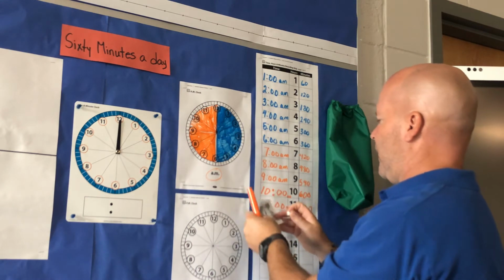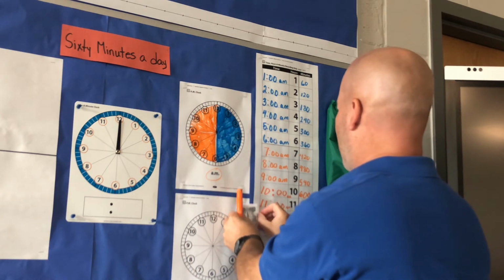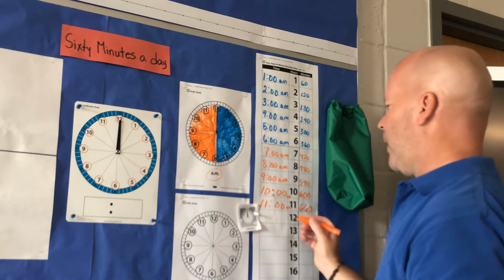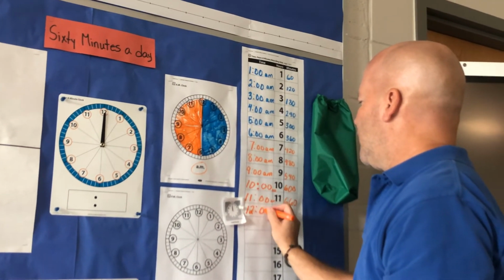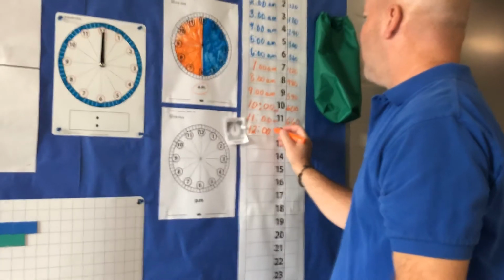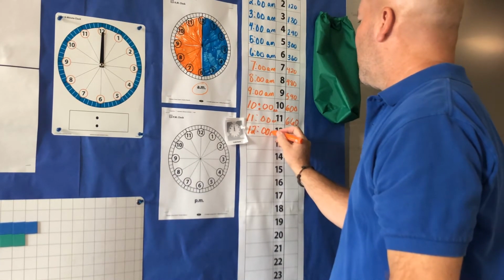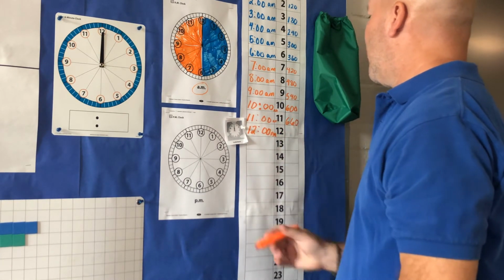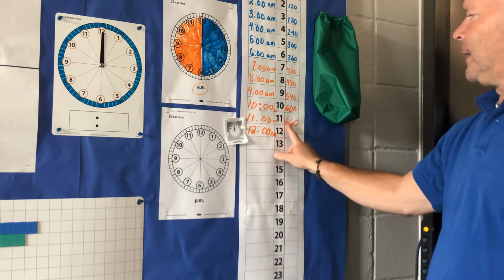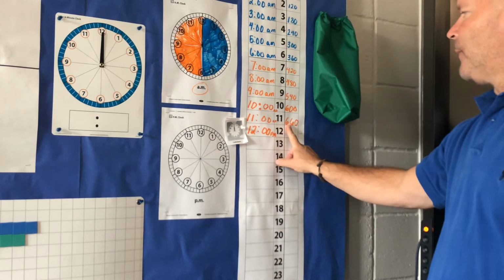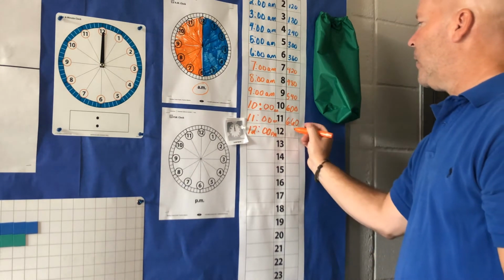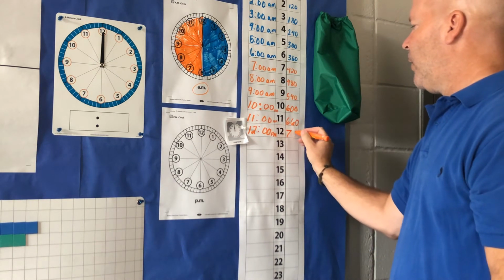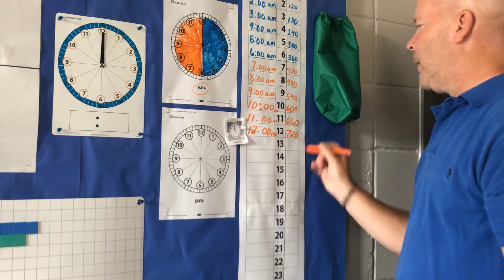I'm going to move this down here because 12 o'clock is when we start the PM. And I'm going to move that to PM. Now, if I add 60 to 660, that's going to get me to 720. I know that's kind of a big number for us, 720.